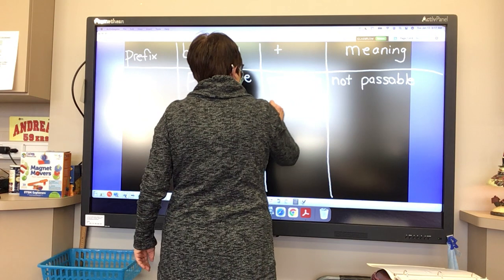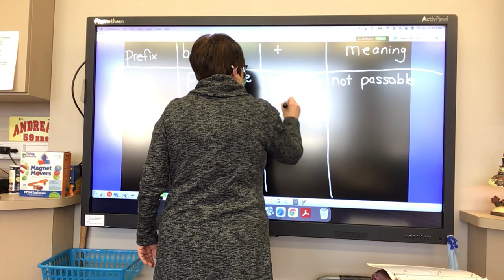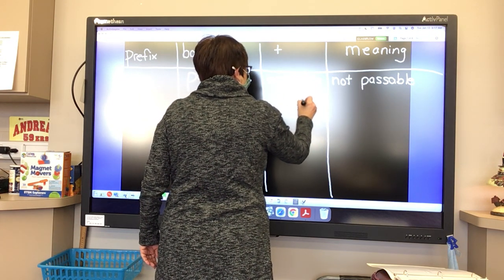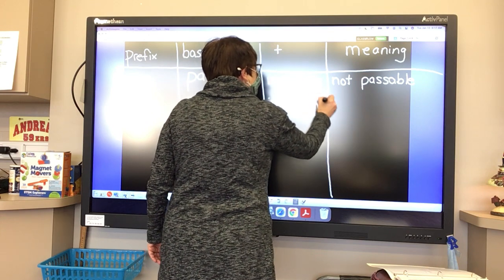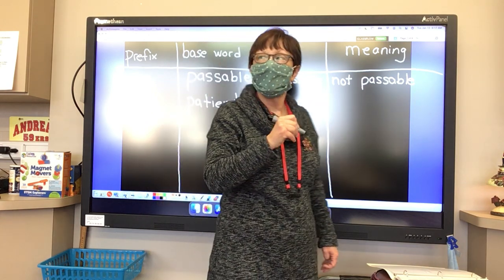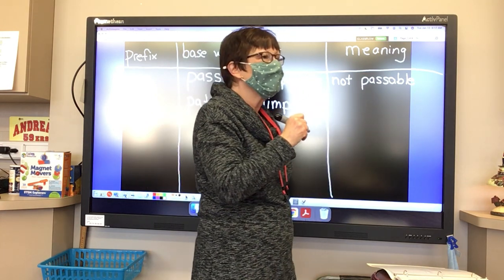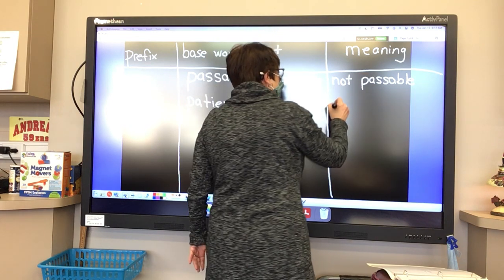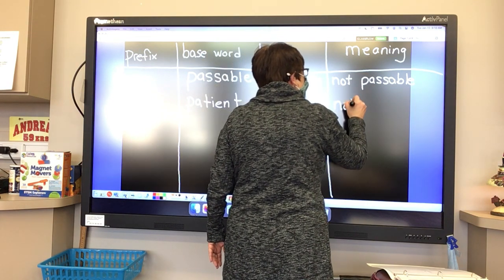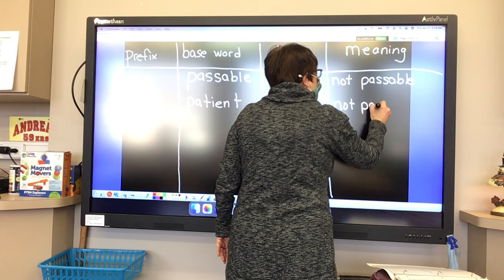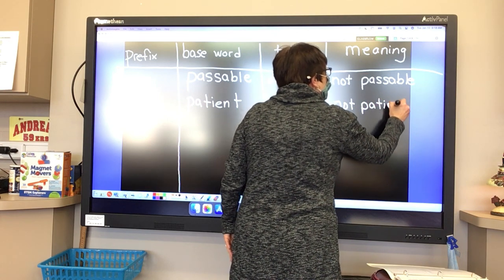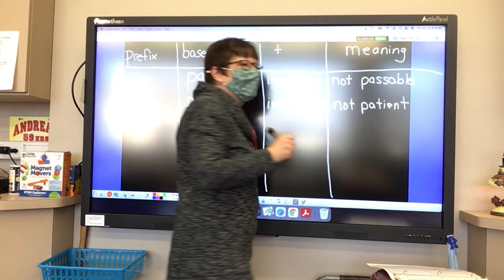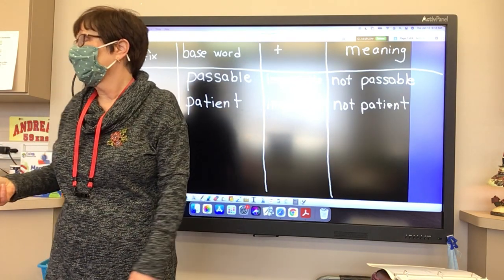Impatient. What does it mean if you're impatient? Libby? It's not patient. A person who's not patient is what? They're impatient, they can't wait, right? You're a person who can't wait.